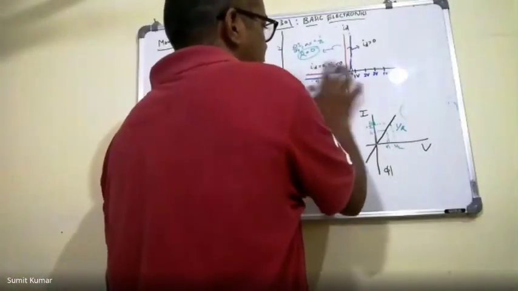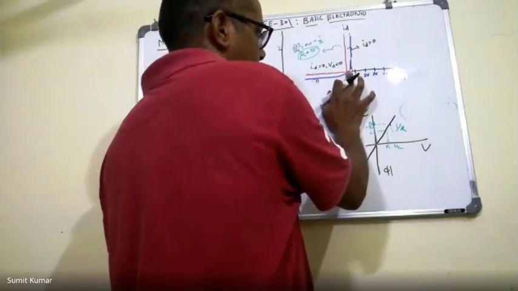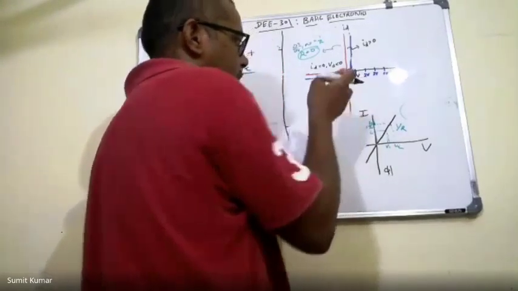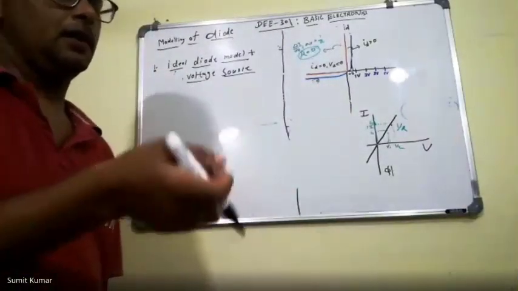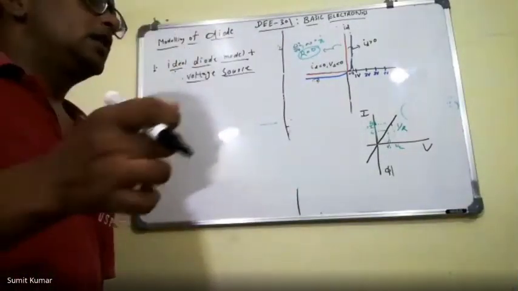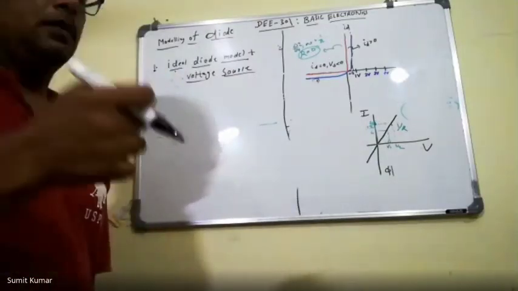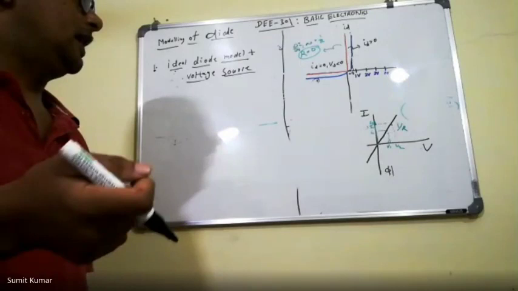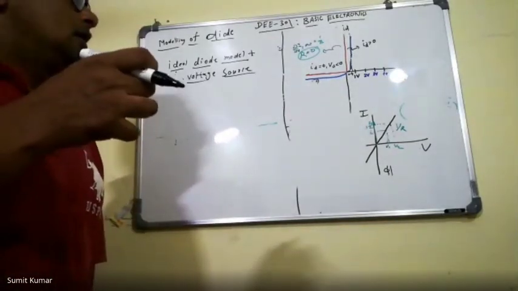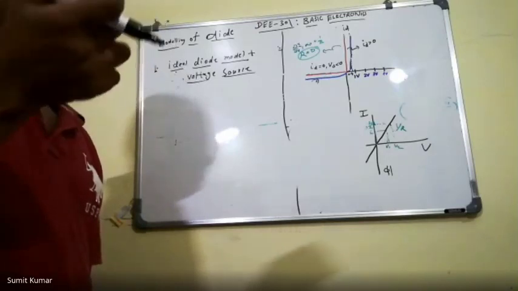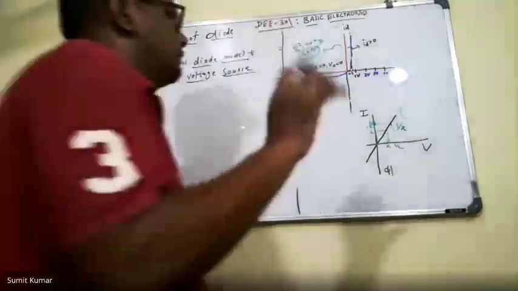But if I shift my model to some threshold value, which is 0.7 volt for the silicon diode, between 0.7 and 0.6, and for the germanium diode 0.3 to 0.35, and for the gallium arsenide diode the value is 1.2, so this threshold value is different for different diodes.